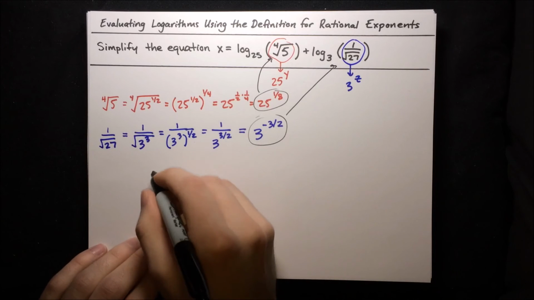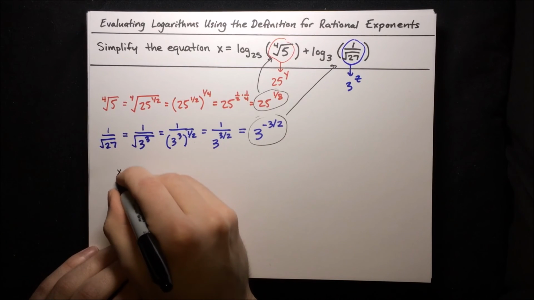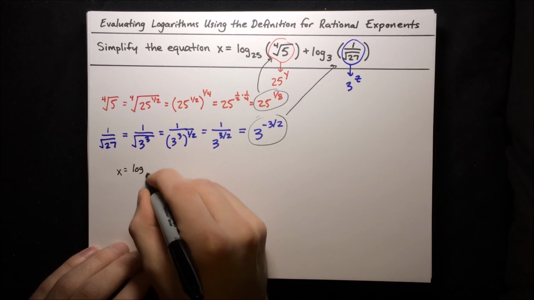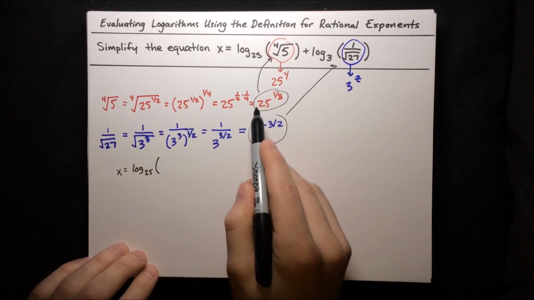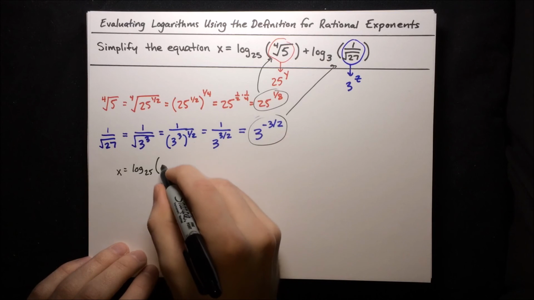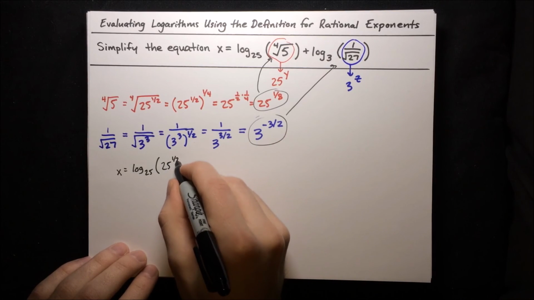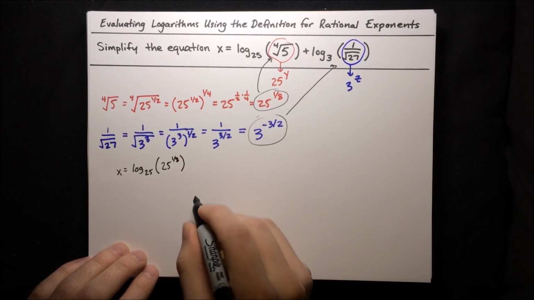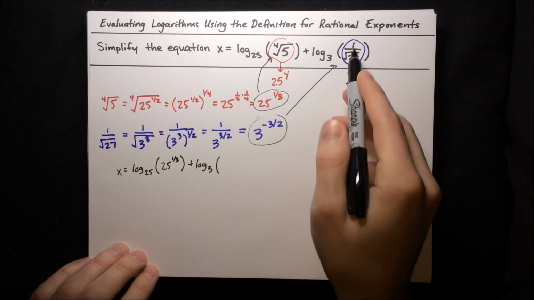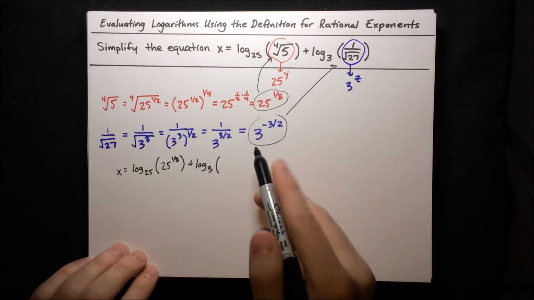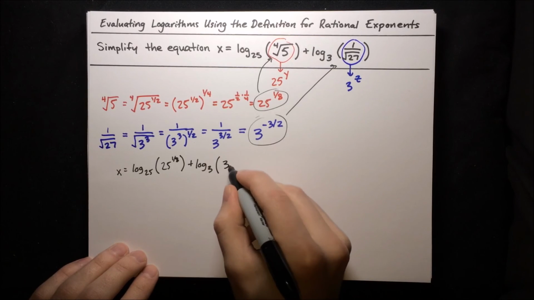And let's write down what x is again. So x is just log base 25 of the 4th root of 5, which we're substituting 25 to the 1/8 for, and then plus log base 3 of 1 over root 27, but we're putting in 3 to the negative 3/2 as an equivalent form.